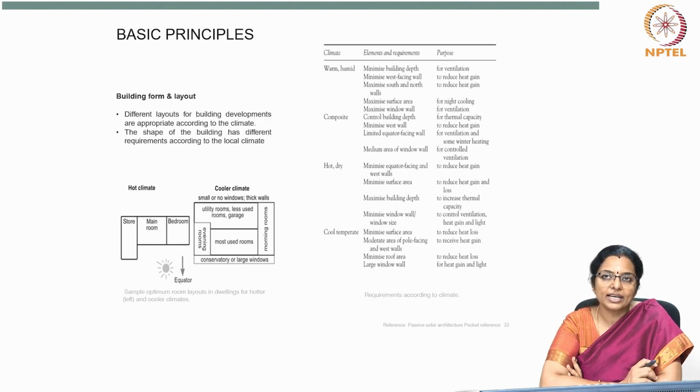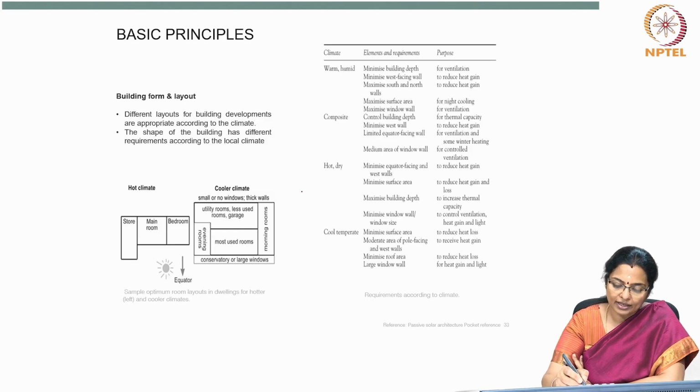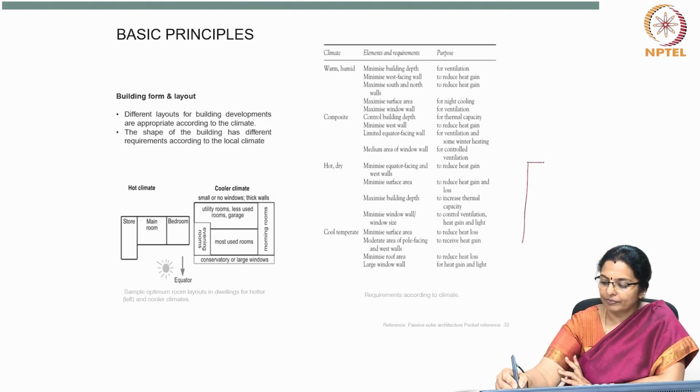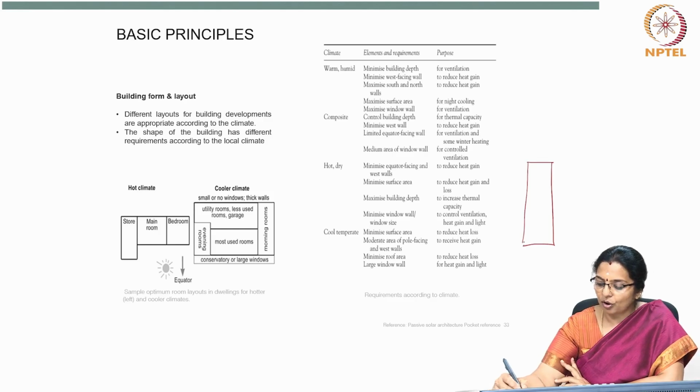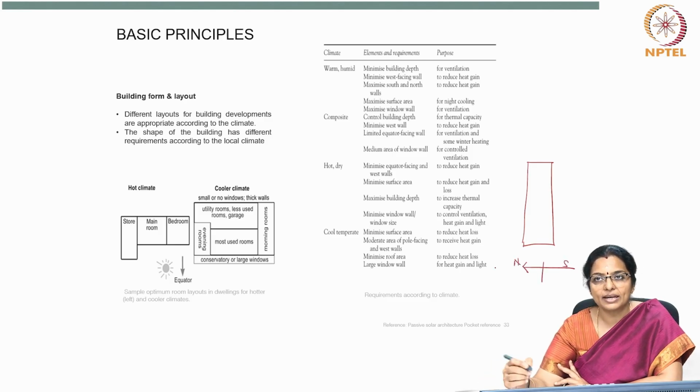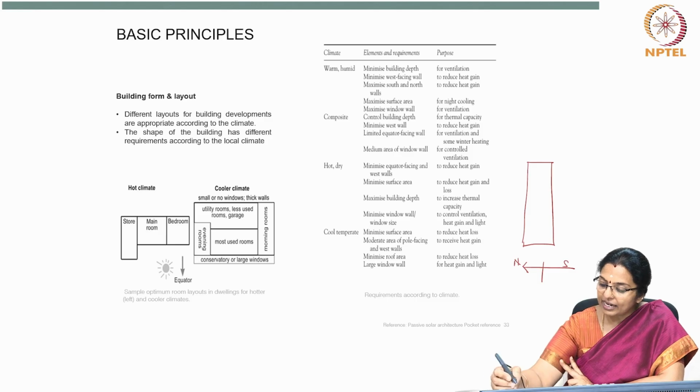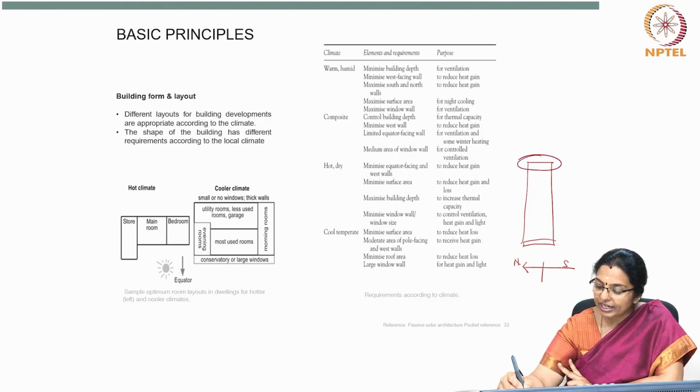The best orientation is the longer side facing north and south to protect from solar radiation. However, the east and west sides should be shaded adequately using proper shading devices.